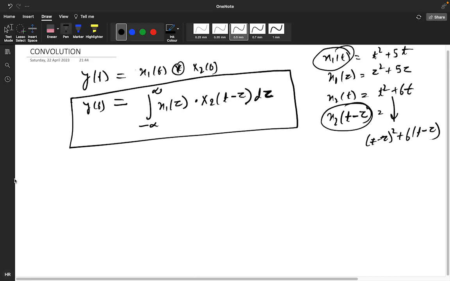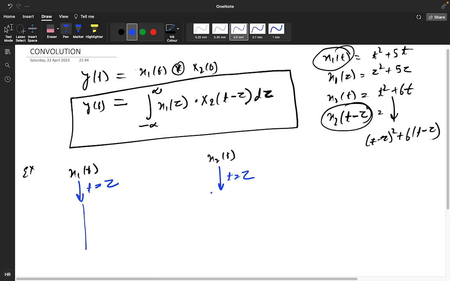So this was the example only. You have an x1 of t and an x2 of t. First you need to replace t with tau. Here also you replace t with tau. Then make it x2 of minus tau, replace with minus tau.